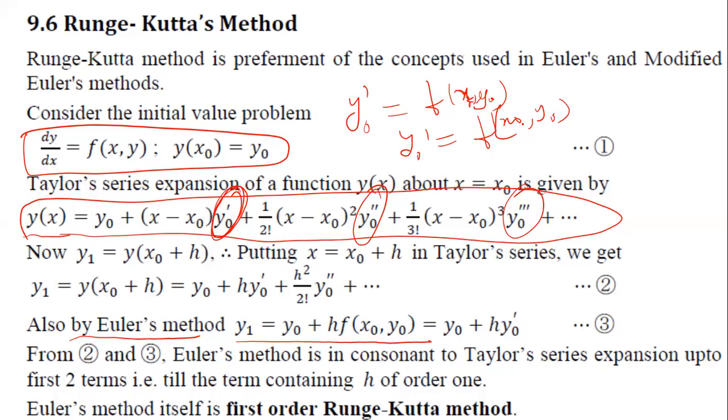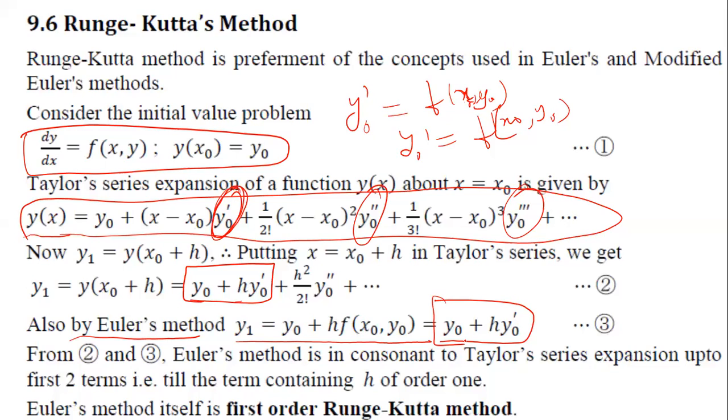So if you look at this Euler formula here, your first point you obtain using y naught plus h y naught prime. So if h is your step size, x minus x naught is your h, right? So the first two terms of this Taylor series expansion are your Euler formula. So you can see that Euler formula is an approximation.